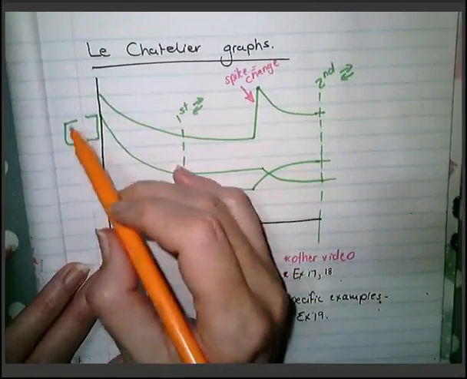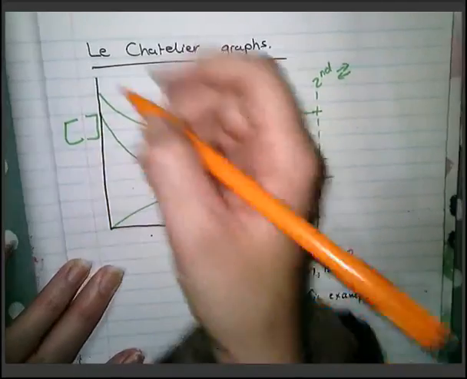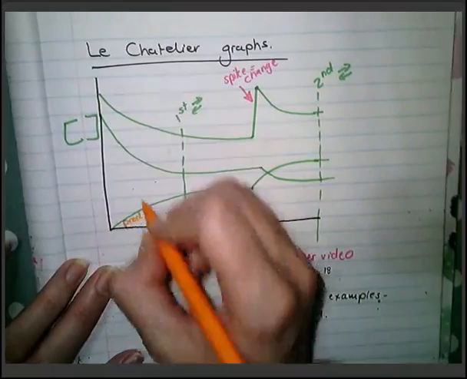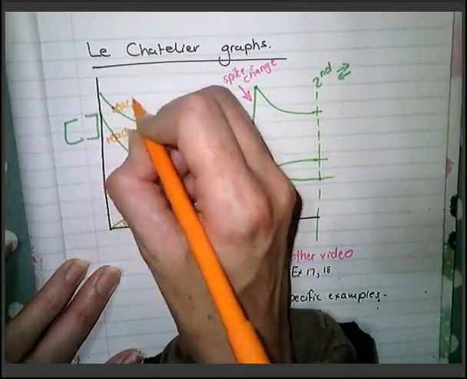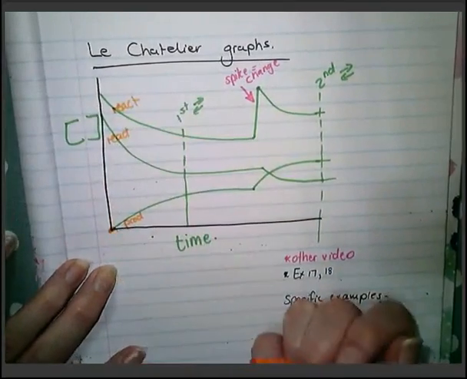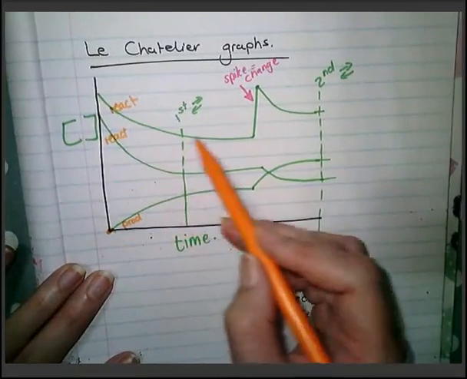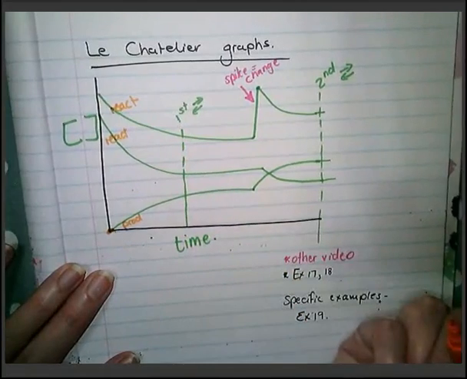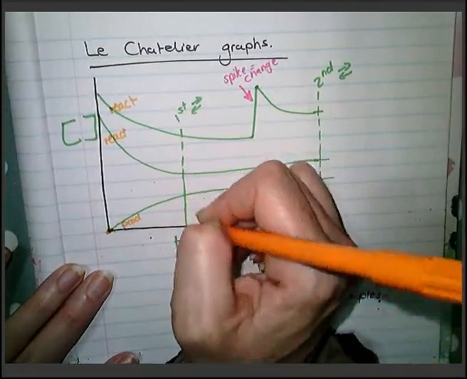So if they give you concentration on this axis and time here, then you can see this is a product and these are two reactants, right? In a forward reaction, because there's zero product initially. Products increase, reactants decrease until they stay the same, and when they stay the same, it means that equilibrium has been reached.